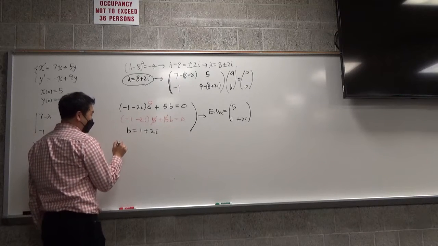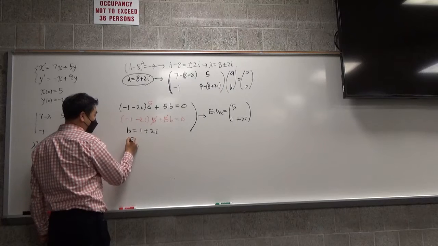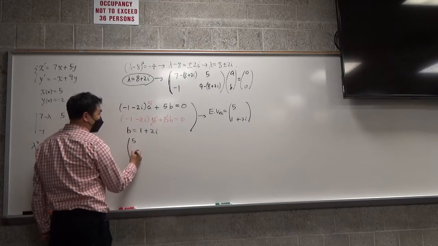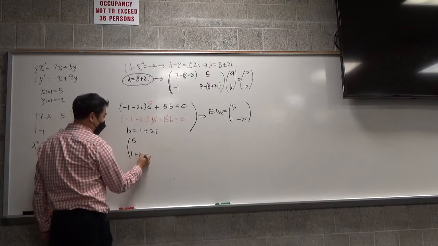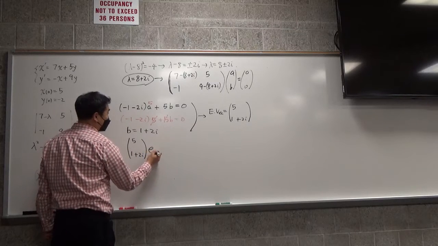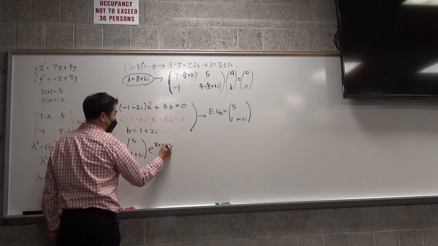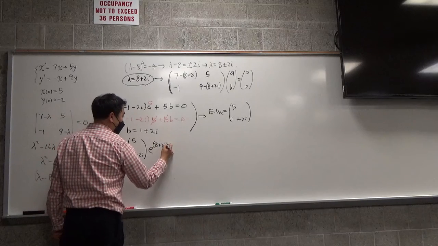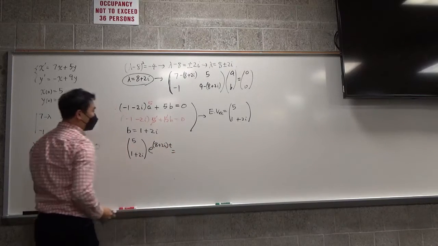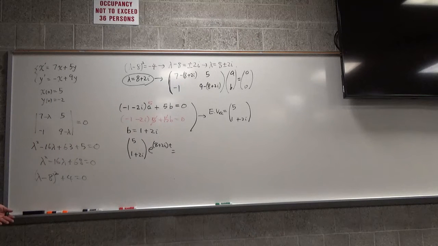All right. So now we compose them together, we multiply the eigenvector times e to the power of the eigenvalue, 8 plus 2i t. And then we have to figure out what's the real part and the imaginary part from here, right?